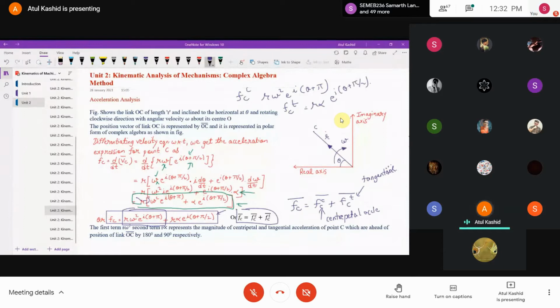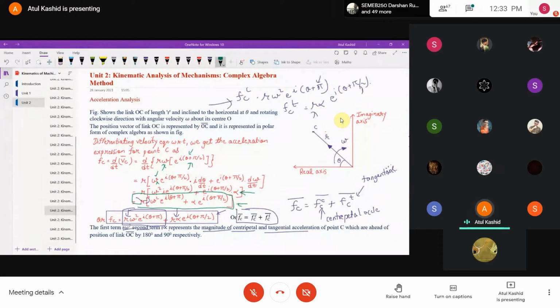So r omega square and r alpha are the magnitudes of the centripetal and tangential acceleration of the point C, which are ahead of the position of the link OC bar by 180 degrees and 90 degrees. In the case of the centripetal acceleration you can see theta plus pi, so your centripetal acceleration is 180 degrees ahead of the position of the link, and your tangential acceleration is 90 degrees ahead of the position of the link.